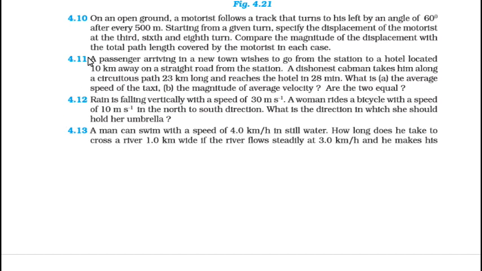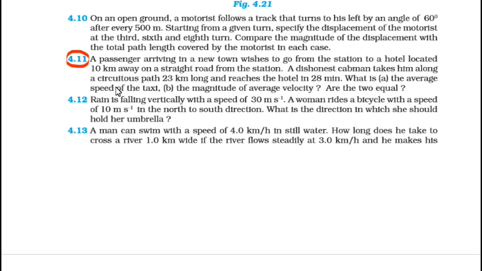So, in the last session we have done till 4.10. Today we'll start with 4.11. A passenger arriving in a new town wishes to go from the station to a hotel located 10 kilometers away on a straight road from the station.